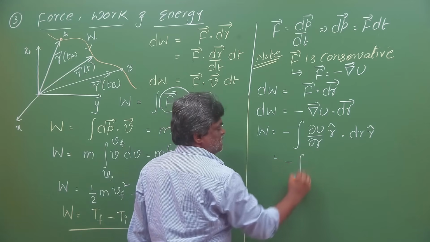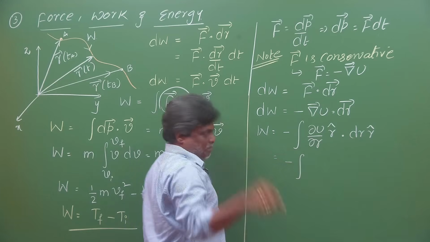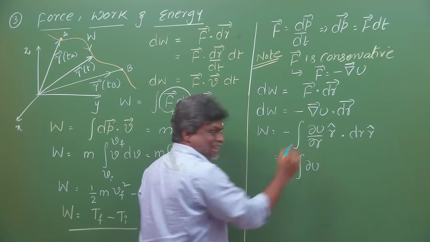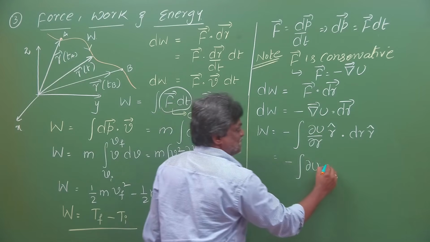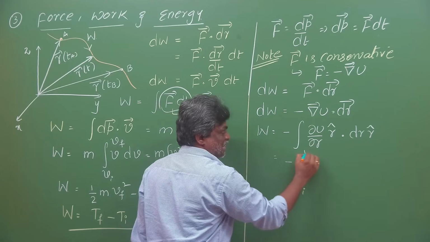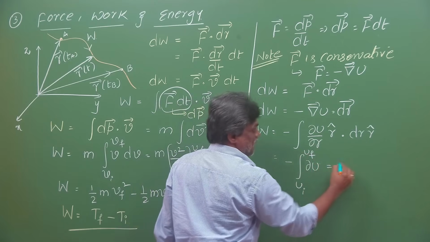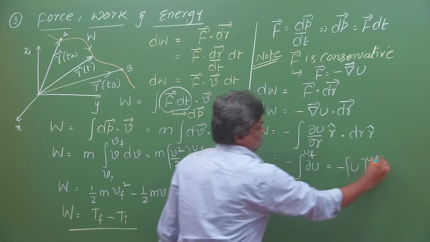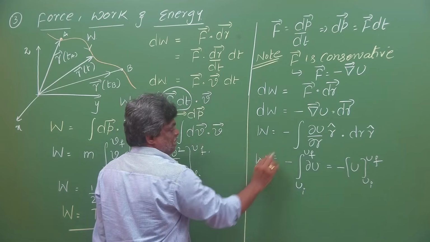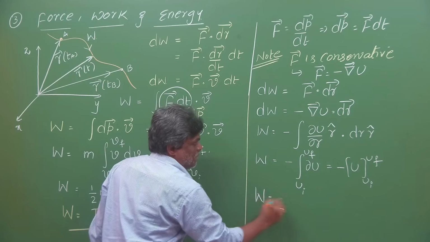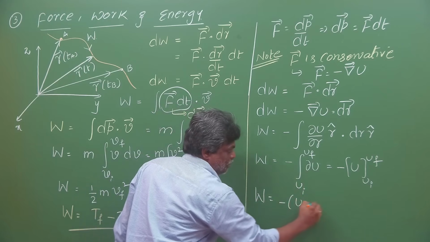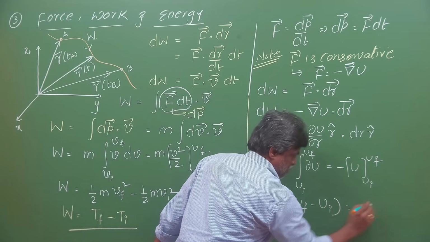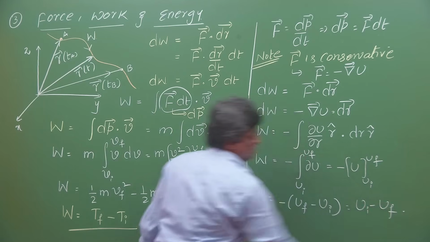Now this is minus integral r cap dot r cap dr, which is nothing but minus integral dU, from initial to final. Understand? Now the work done W equals how much? Minus of Uf minus Ui, which is nothing but Ui minus Uf.